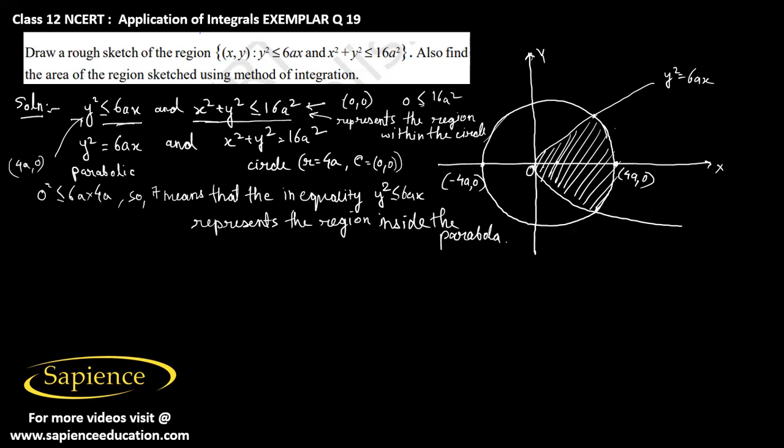So here we can see that the part which is above the x-axis is symmetric with the part which is below the x-axis. So if the area of the region above the x-axis is A1 square unit, then the total area which is required by us to find will be 2A1 square units.